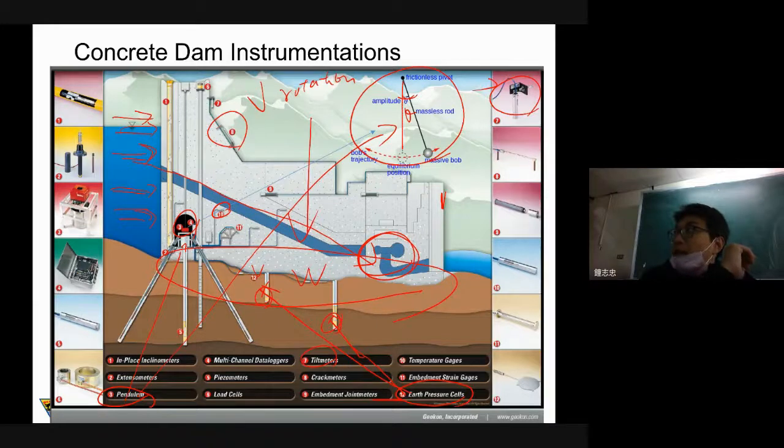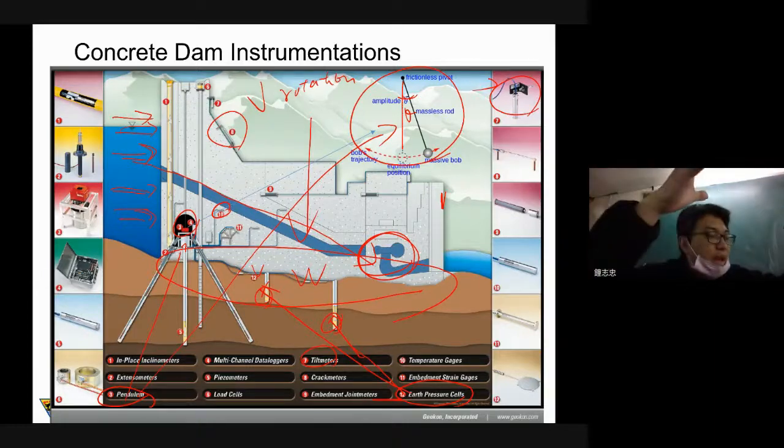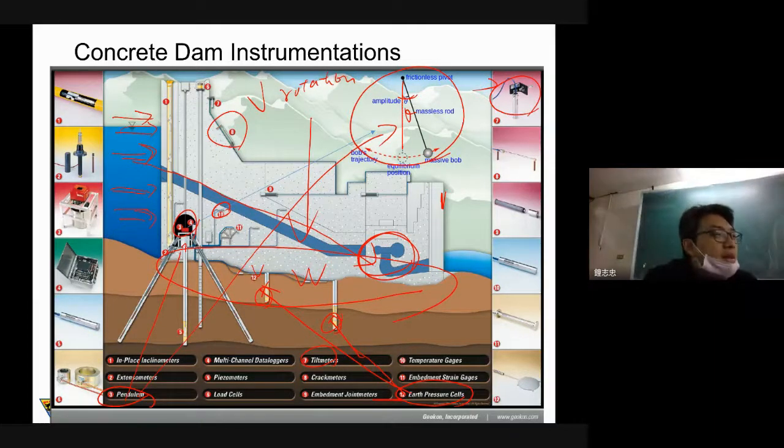Okay, and this is the main reason, and the second reason is that during the construction of this concrete dam, you need to put the concrete and have the blocks. Sometimes it takes time, because the heat needs to dissipate with time.